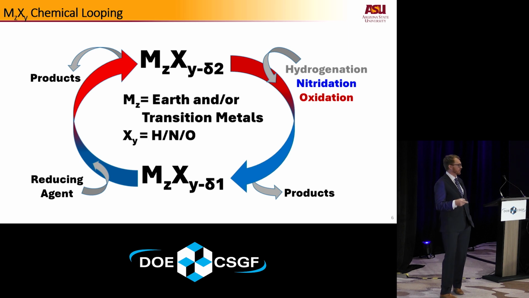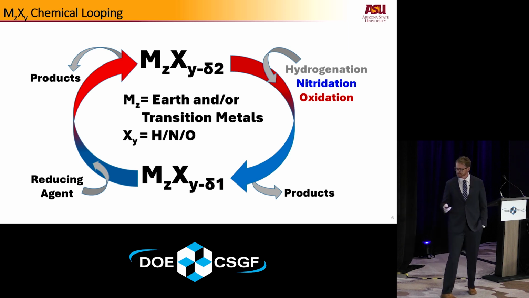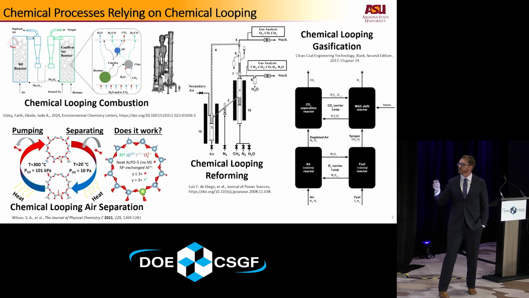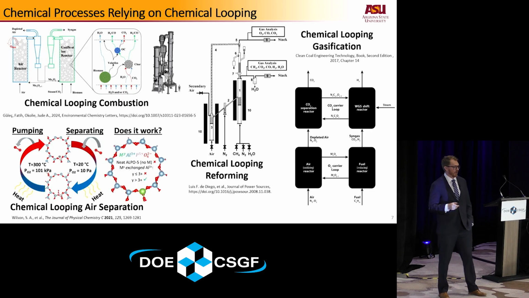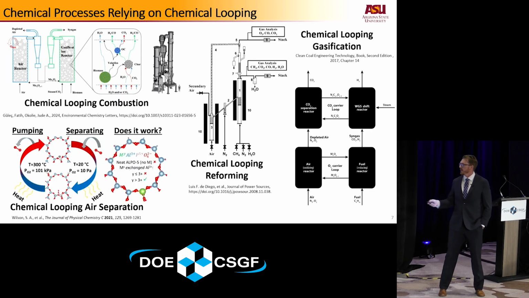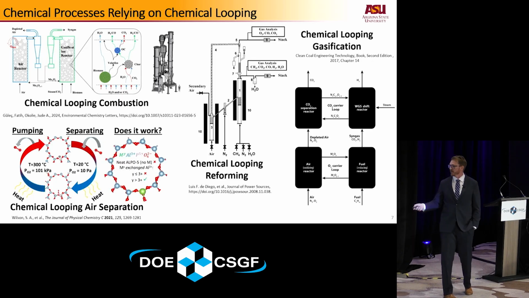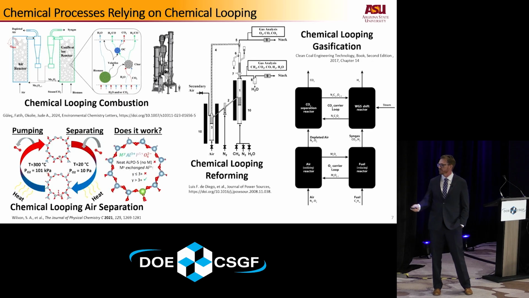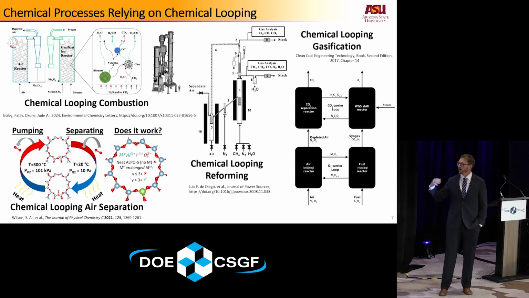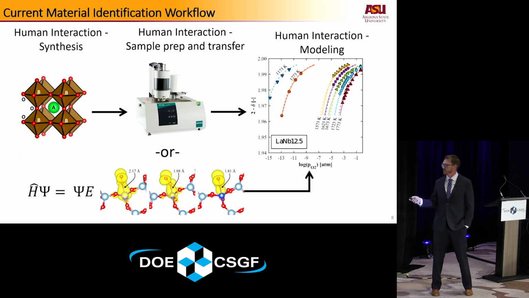So you can do it over and over and over again and regenerate that material. There's a lot of different chemical processes that rely on chemical looping. I won't go into detail on each, but if you're familiar, like CO2 capture relies on chemical looping. Some technologies rely on chemical looping air separation, energy in the form of chemical looping combustion, and then gasification. There's a bunch of different chemical processes that rely on this specific reaction.